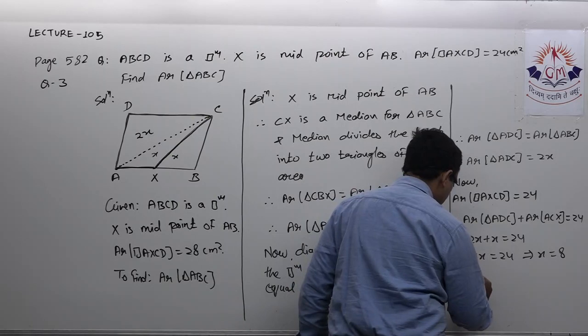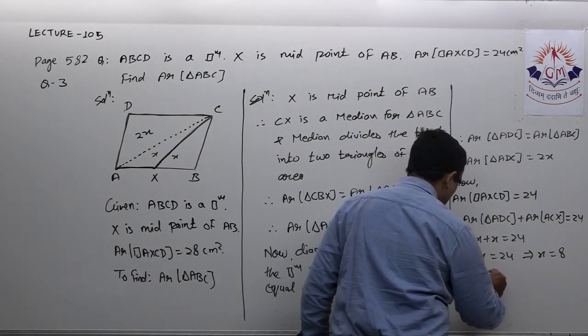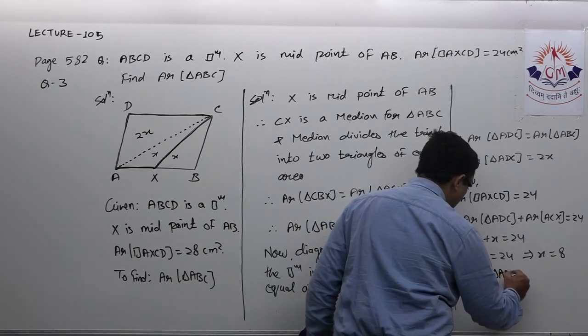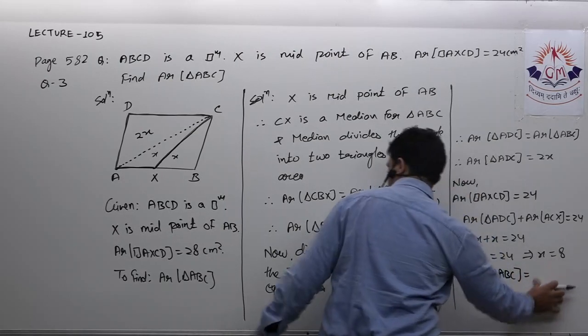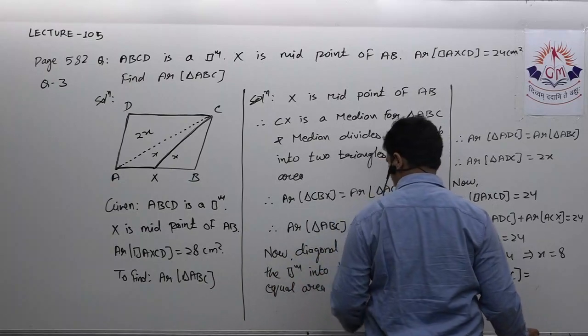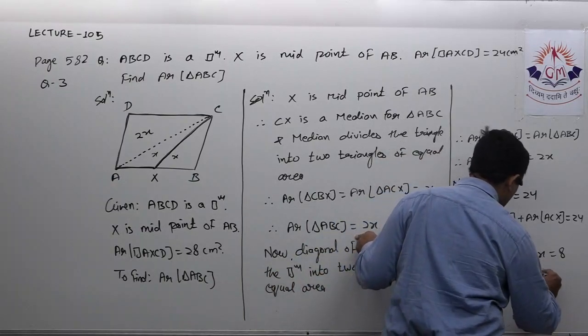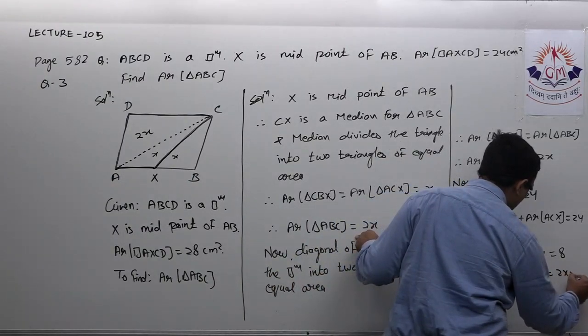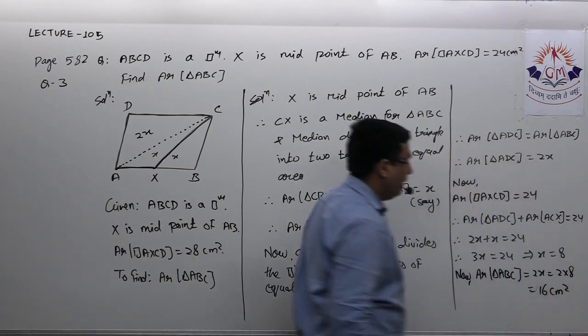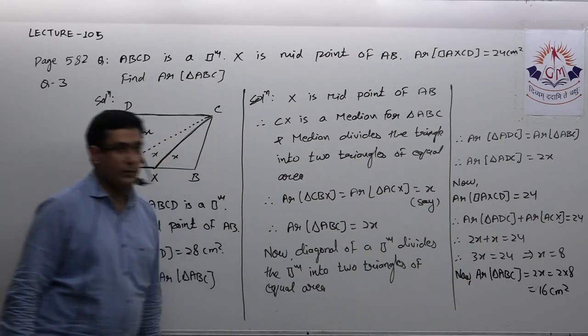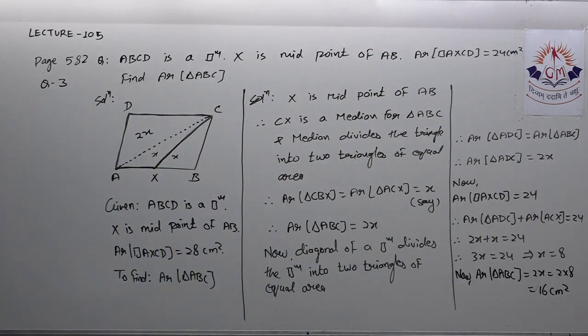Now area of triangle ABC is equal to 2x, isn't it? That is 2 into 8, that is equal to 16 centimeters square. So that is the final answer. So please note it down. Then we'll see the next question.